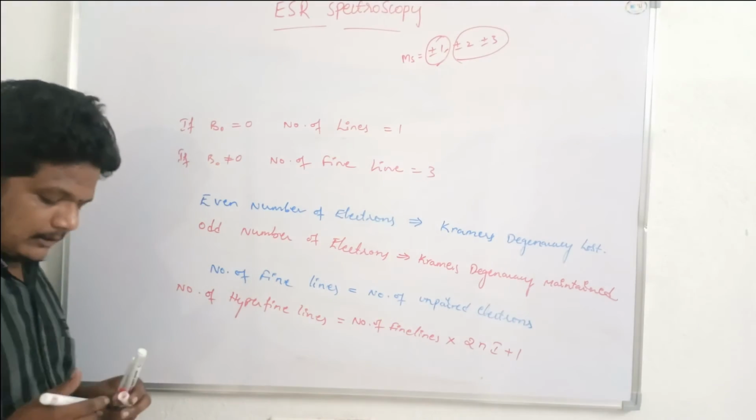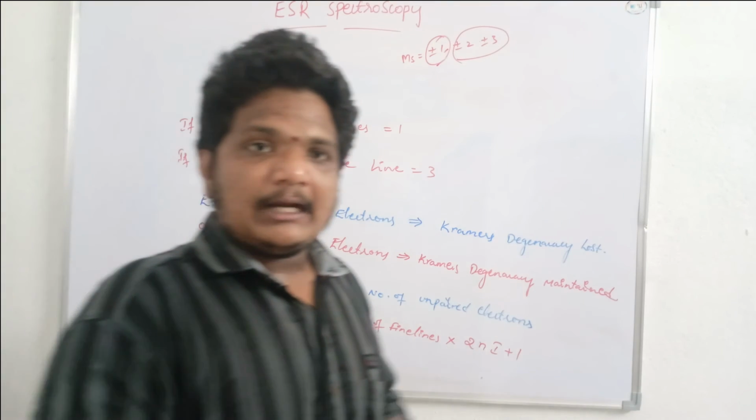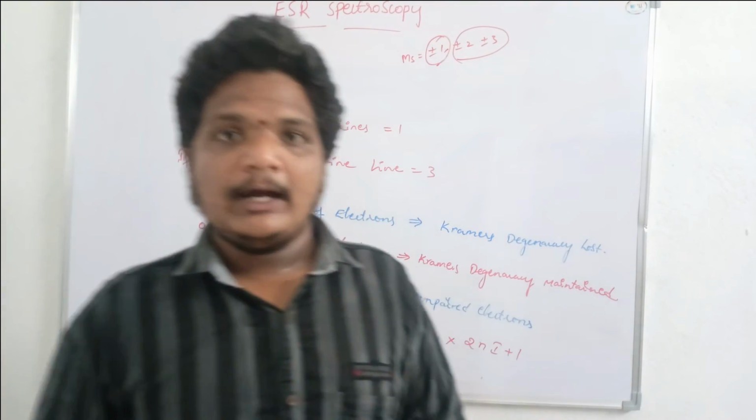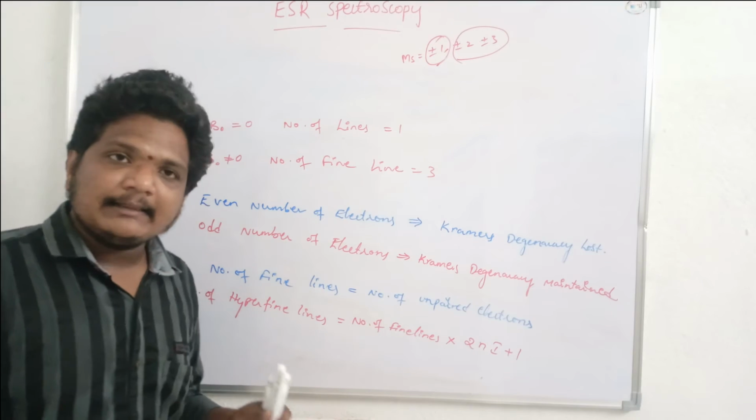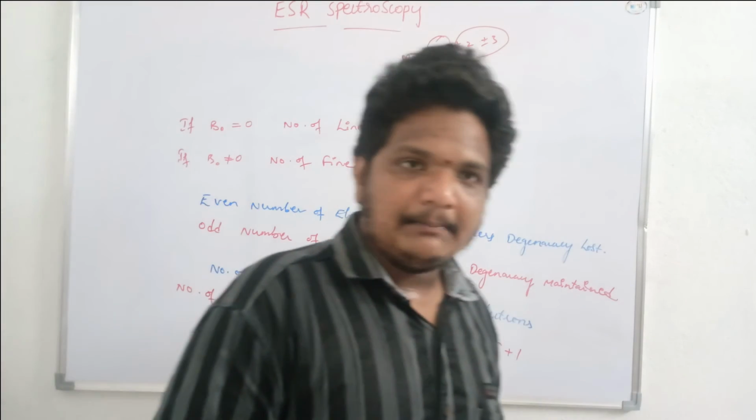By using this formula we can simply calculate the number of fine lines and the number of hyperfine lines present in the transition metal complex.